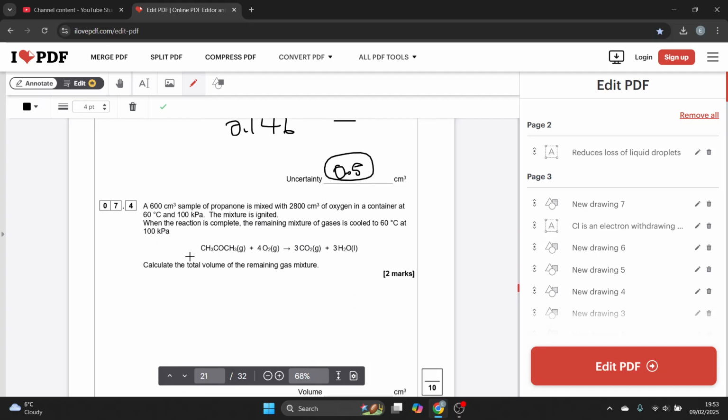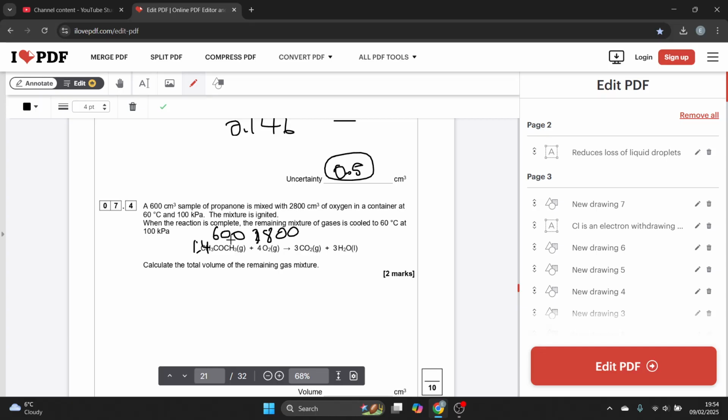Question 7.4. A 600 centimeters cubed sample of propanone is mixed with 2800 centimeters cubed of oxygen at this temperature and pressure. The mixture is ignited, the reaction is complete, and the remaining mixture consists of gases. The remaining mixture of gases is cooled to 60 degrees Celsius and 100 kilopascals. Calculate the total volume of the remaining gas mixture. So 600 centimeters cubed of propanone is mixed with 2800 centimeters cubed of oxygen. First thing I notice is it is a 1 to 4 molar ratio.